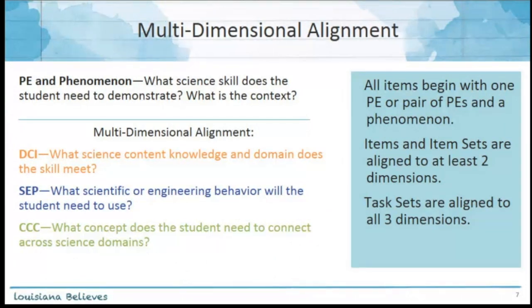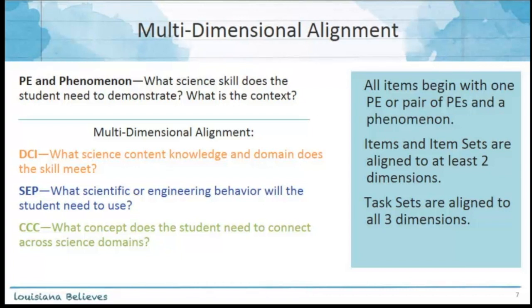So we have multidimensional alignment, and those are the 3 things I just mentioned: a DCI, which is content knowledge, SEPs, which are the practices, and cross-cutting concepts. Now, items begin with one performance expectation or a pair, and we call that a bundle.